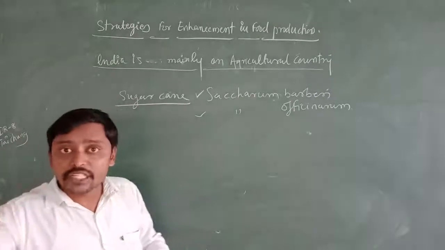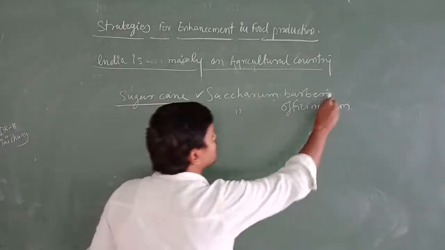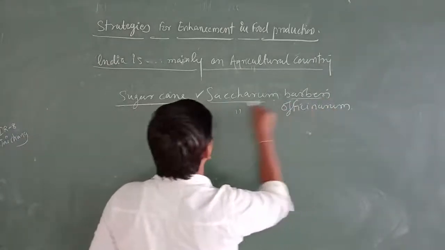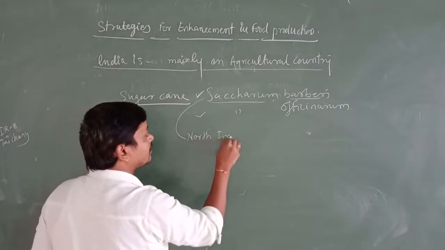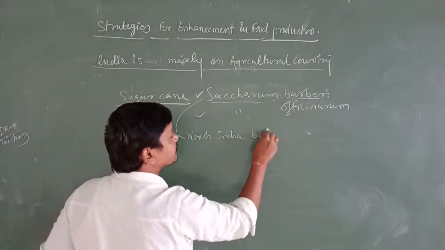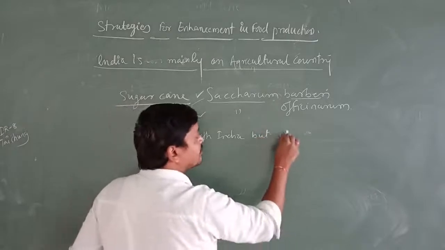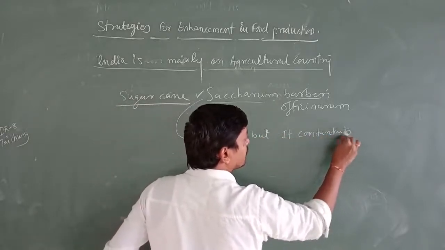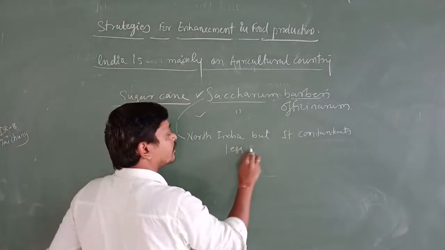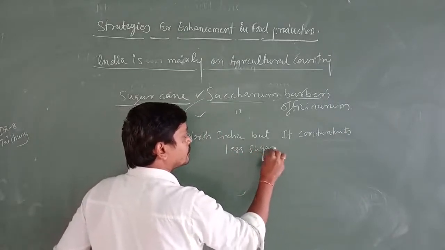Evaluation: on which basis do you evaluate? See here, this Saccharum barberi grows in North India, but it contains less sugar.